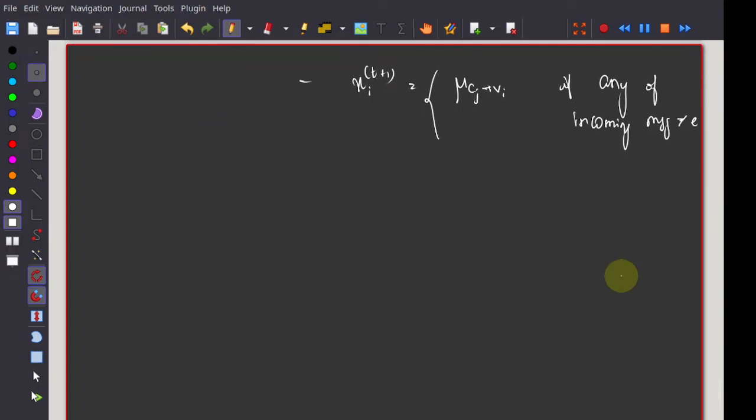Maybe let me represent this pictorially. The rules are going to be the following. From each check node, I have a bunch of variable nodes. Each variable node is basically going to send the value of xi that it has currently.